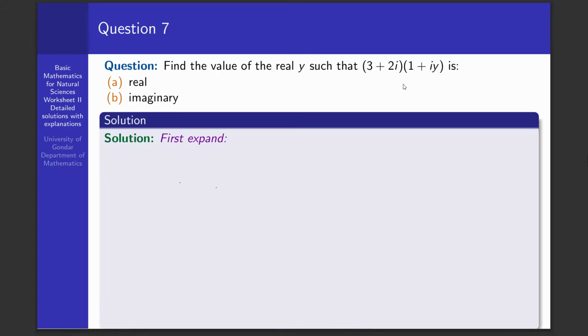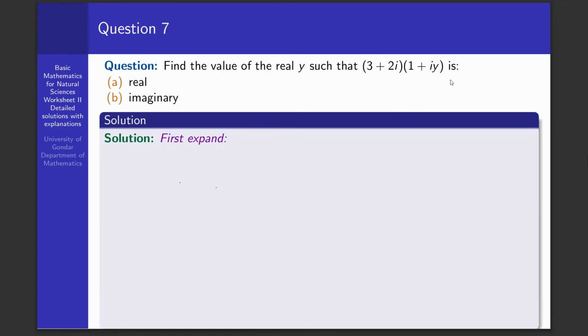That means for the first one, we first have to expand this and write the product of these two complex numbers in standard form, that is z equals x plus iy.